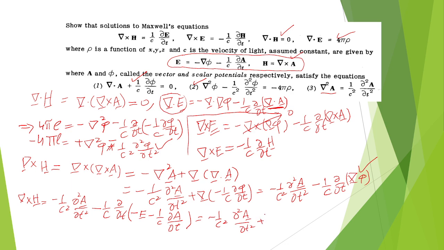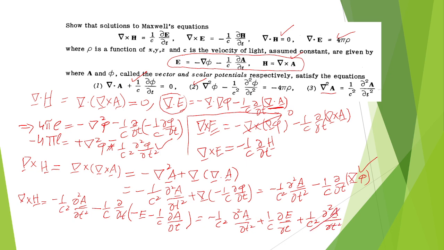One will be plus 1 over c partial E partial t, and the second is plus 1 over c square partial square A partial t square.